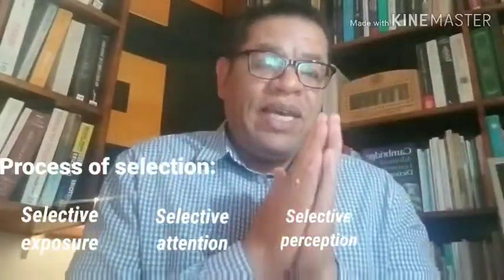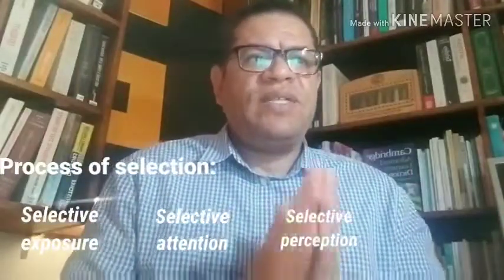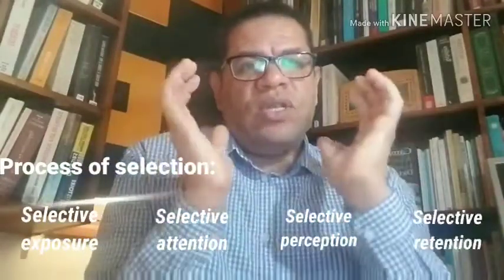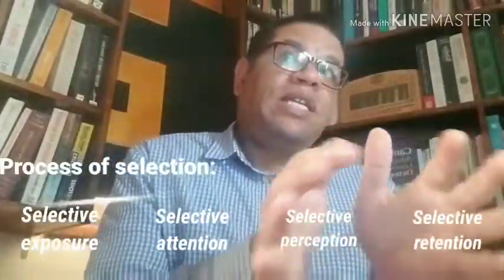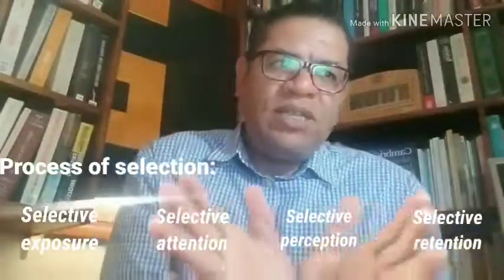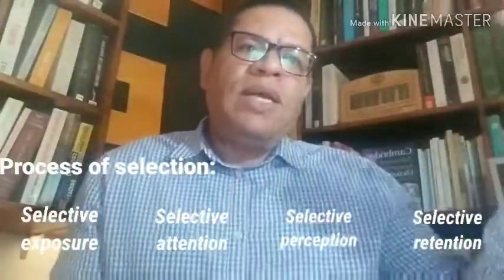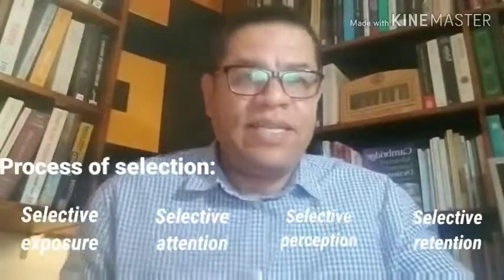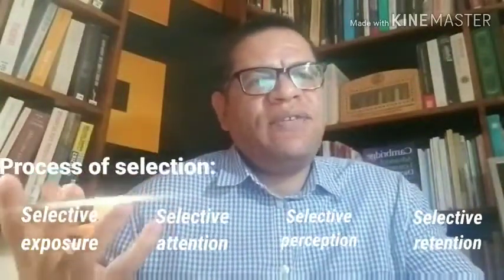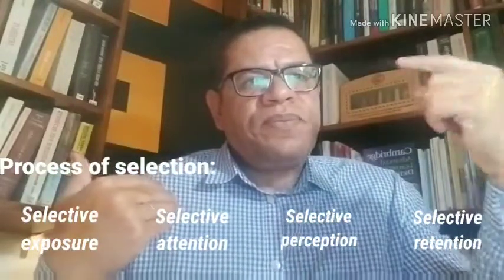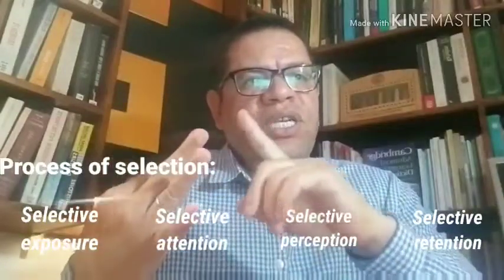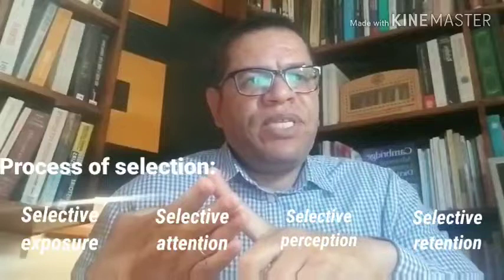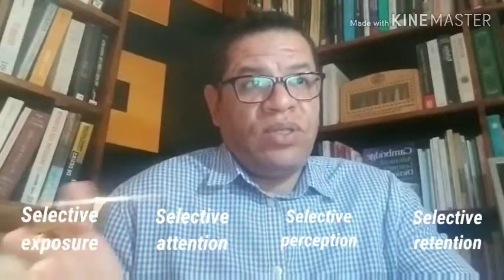The fourth type of selection is that of retention. Of course, the more we focus on something, the better we understand it, or let's say the more completely we understand it, and of course the more perfectly we will retain it. So retention here will also be selective. Remembering again, selective exposure leads to selective attention, and selective attention leads to selective perception, and selective perception leads to selective retention. This is, of course, according to dissonance theory of 1960.